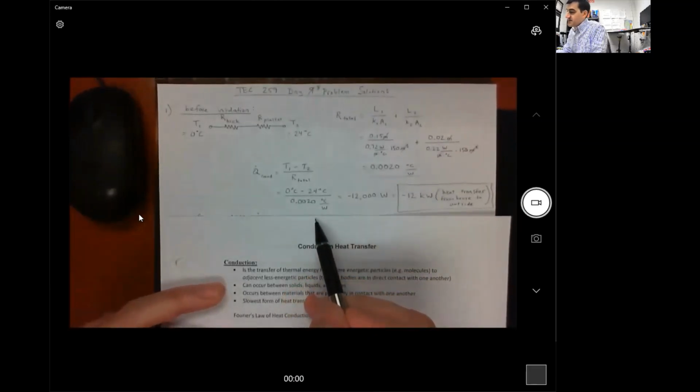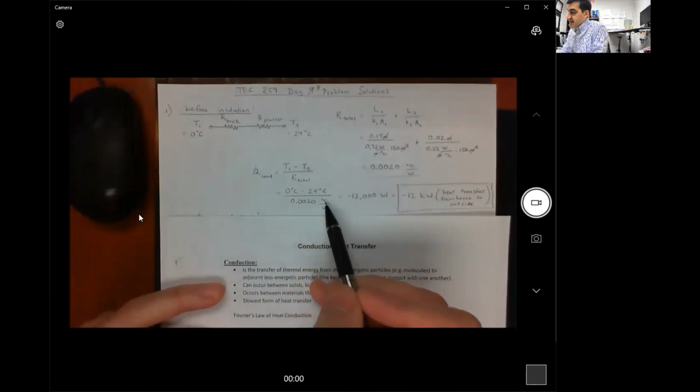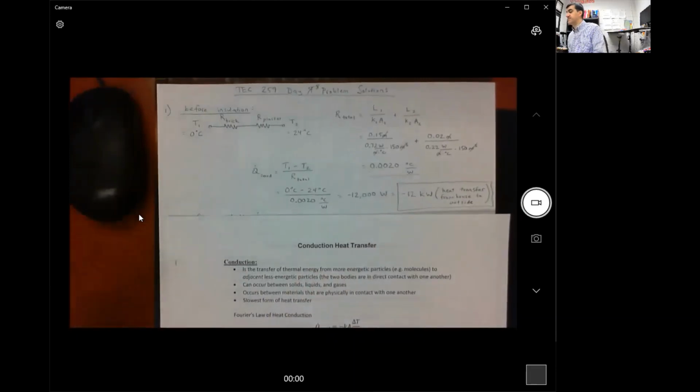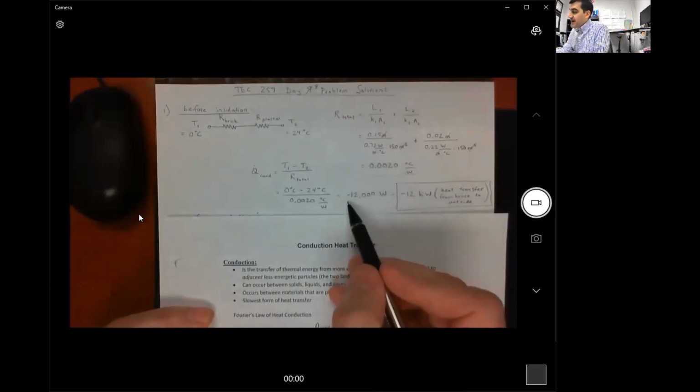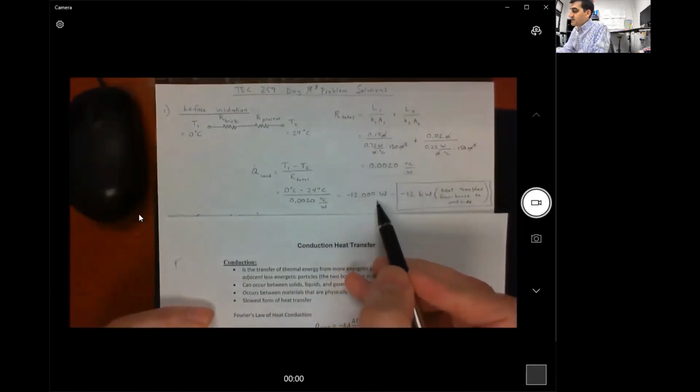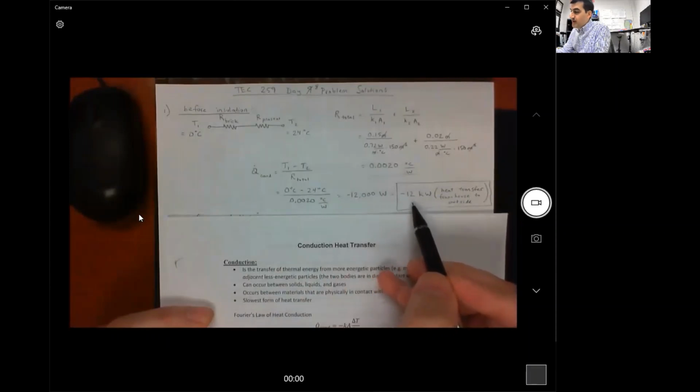And now you can see that degrees Celsius cancels out, and watts is in the denominator of the denominator, so it's actually up here in the numerator. All right, so when you do this calculation on your calculator, you get about negative 12,000 watts, which is negative 12 kilowatts. All right. Why is there a negative sign right there?